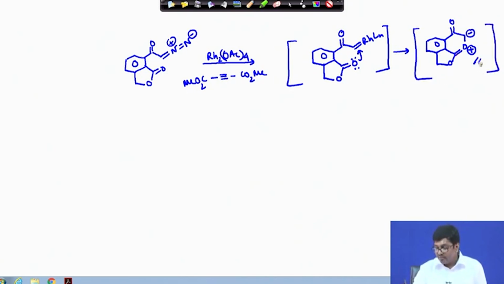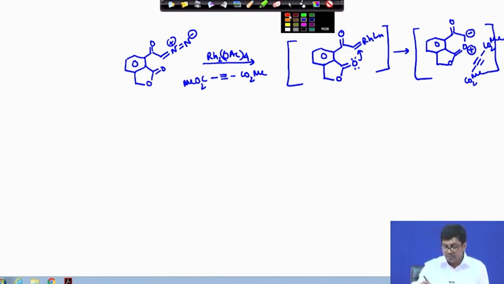And we have now this alkyne as a dipolarophile. Okay. Now, this alkyne can react through this, again 3 plus 2 cycloaddition reaction can happen and give the final product.